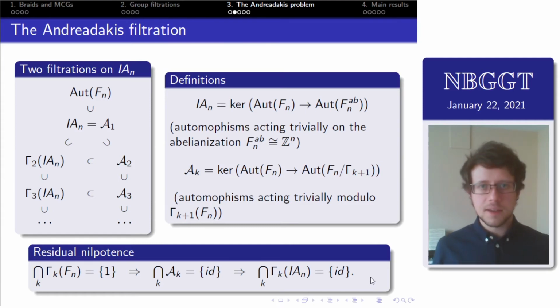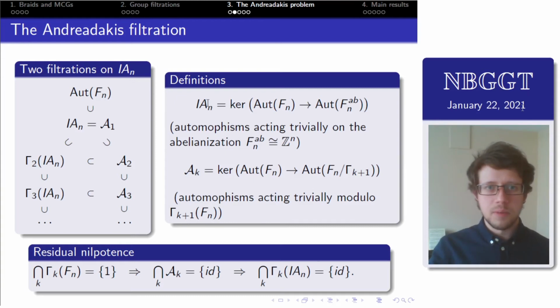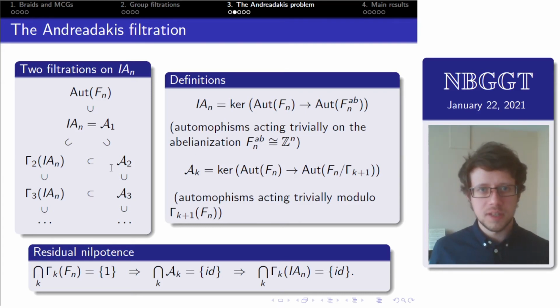And this fact means that, in fact, you can really study IA_n effectively by looking at filtrations, because basically filtrations will see the structure of the whole group, whereas, for example, on automorphisms of the free group, filtrations will stop very early, so you won't be able to see much of the structure inside filtrations.